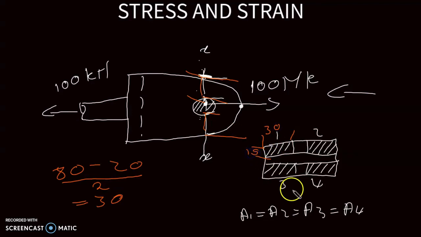We're given 15, meaning the area that we are dealing with is equal to, let's put it in meters, 0.03 times 0.015. Then we are now going to calculate the stress.